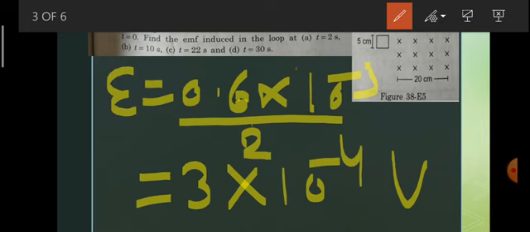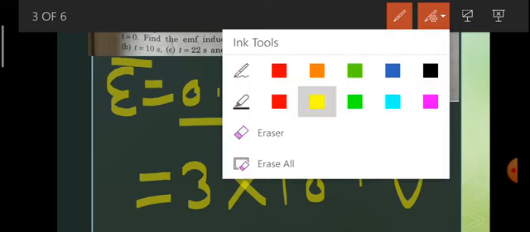So for t equal to 10 seconds, we see that EMF is 0. EMF is 0 since the loop is completely inside the magnetic field, so there is no change in area.